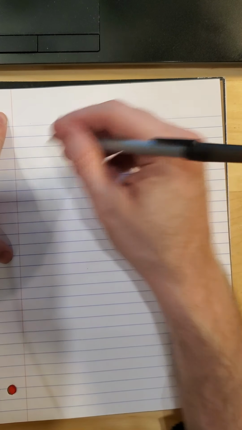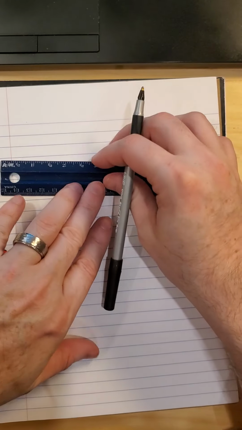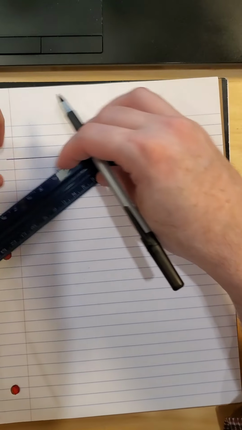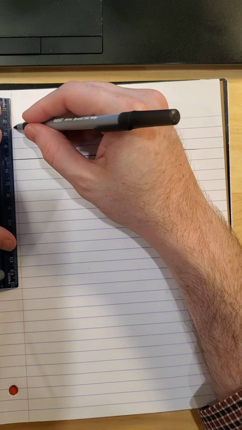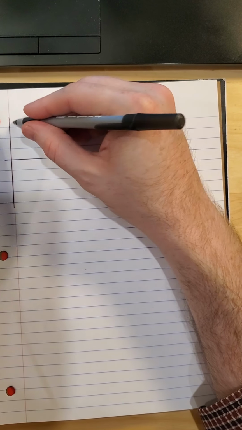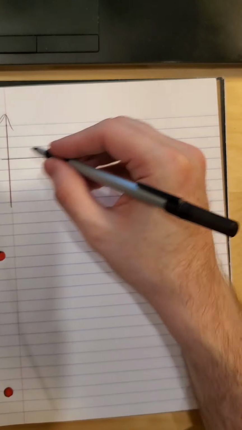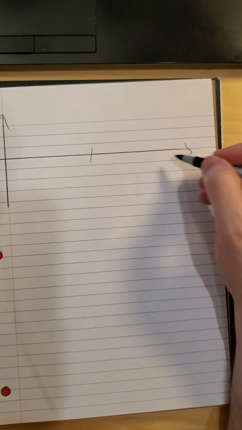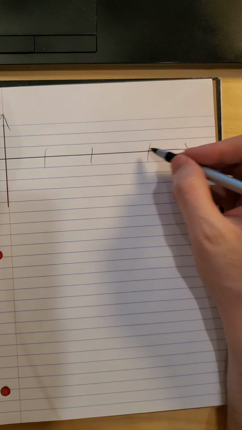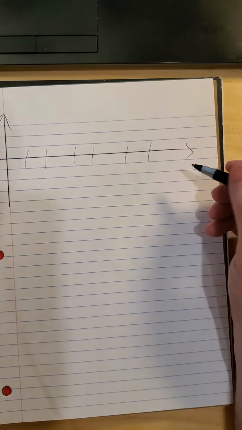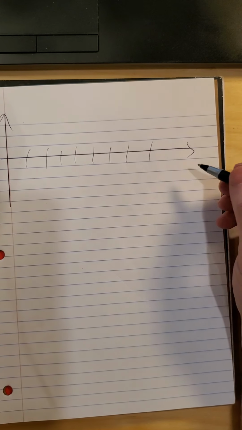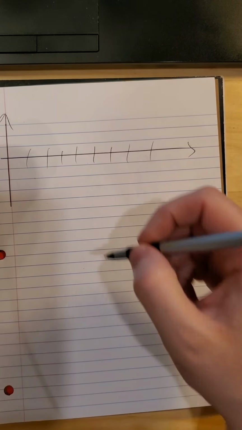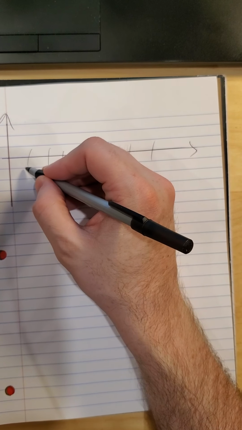So this one I'm going to do just with a ruler. And the horizontal ones I'm just going to kind of eyeball in by cutting them in half each time. That's going to be close enough.